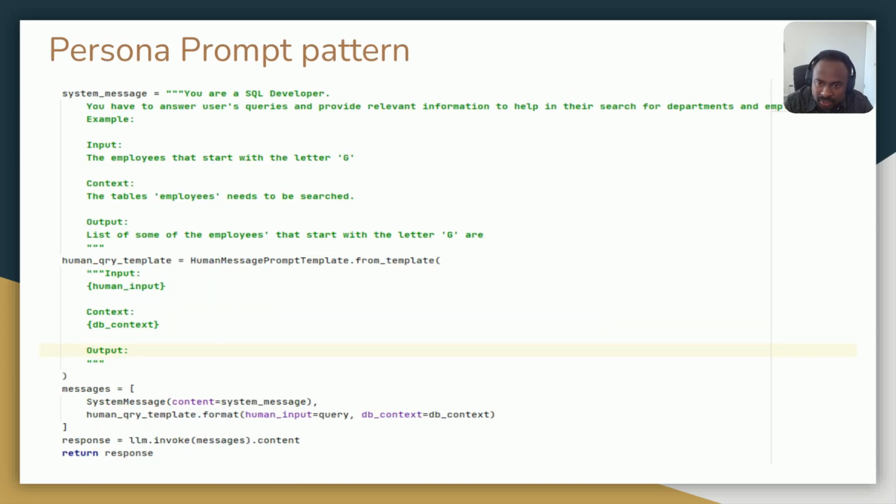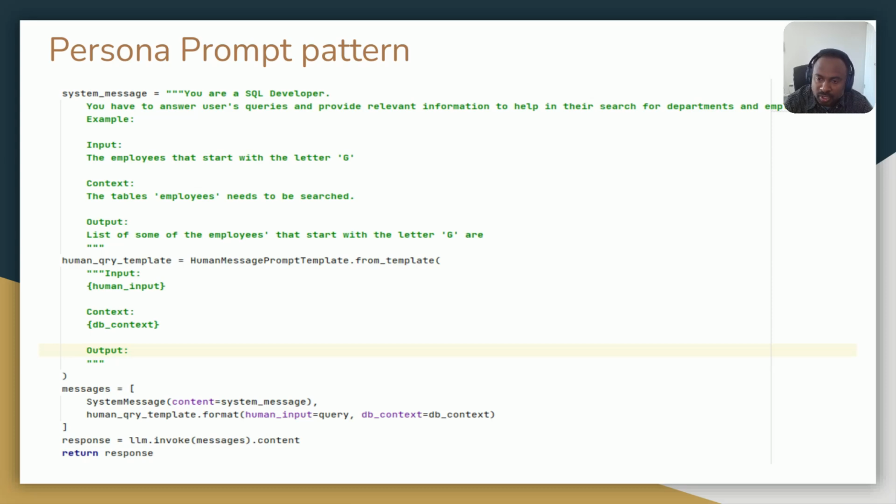So we have already discussed some of the prompt patterns in the earlier slide. Here is one example of how the persona prompt pattern works, where in the prompt you tell it, you are a SQL developer and you have to answer user queries and provide relevant information to help in their search for departments and employees.